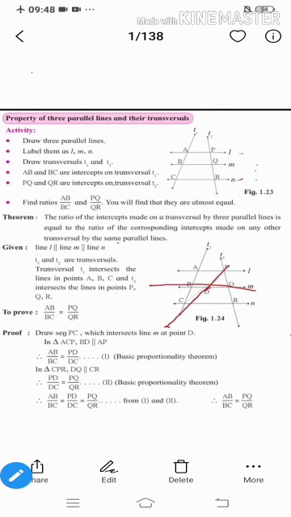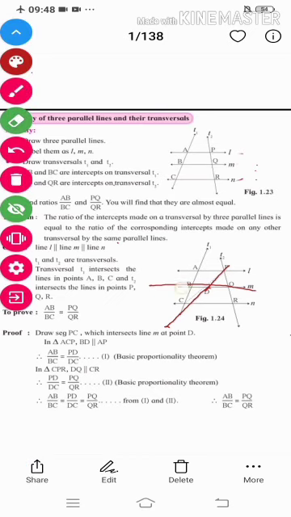In triangle ACP, just see where ACP is. BD is parallel to AP.